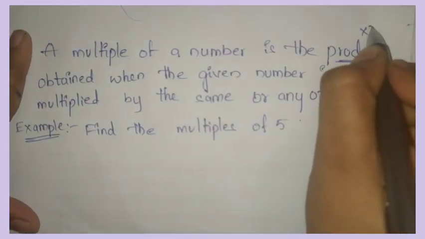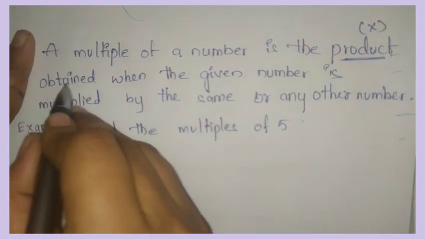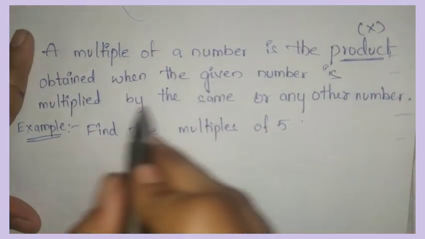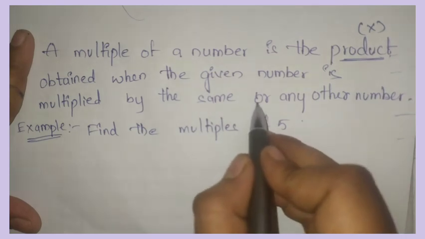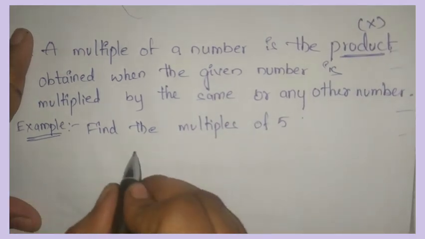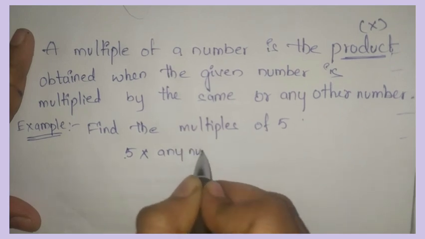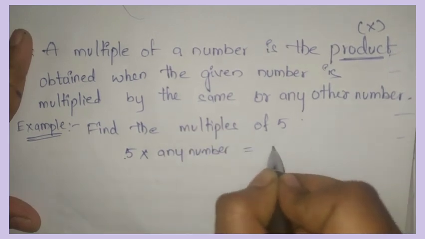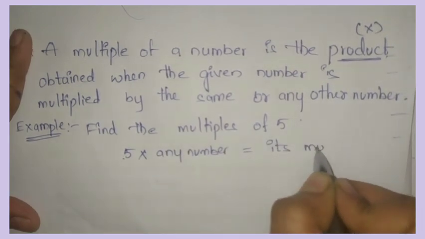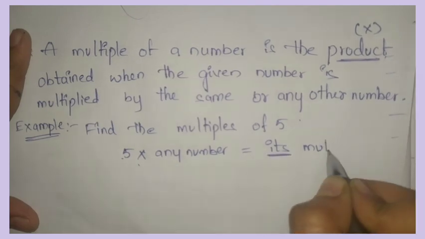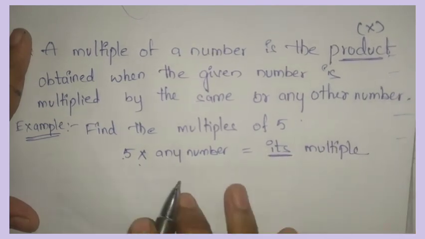Product means we have to do multiplication. When the given number is multiplied by the same or any other number, we have to multiply 5 with any number, then we will get its multiple, the multiple of 5.